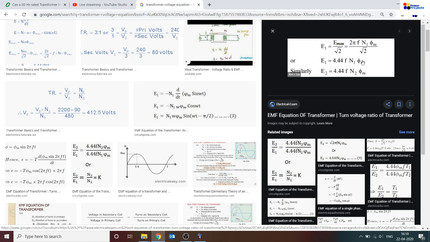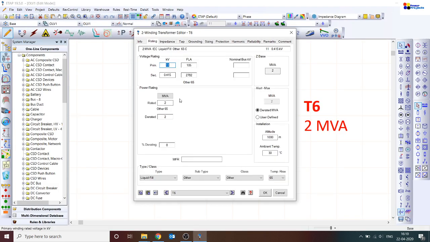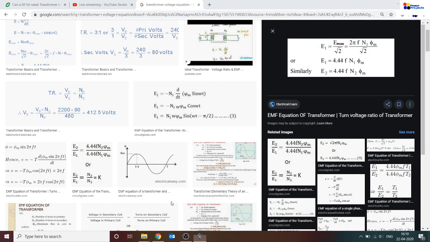That voltage is fixed because we have designed this transformer as 11 kV/415 volt at 60 hertz. So in this equation, E is fixed, either 11 kV or 415 volt, 4.44 is fixed, the number of turns is fixed, and F is originally designed for 60 hertz, but now we are trying to use it at 50 hertz.